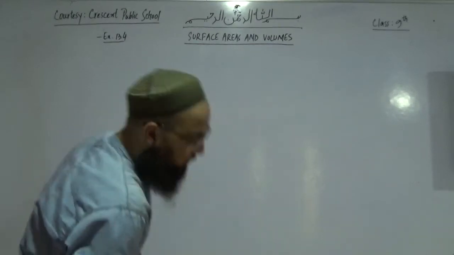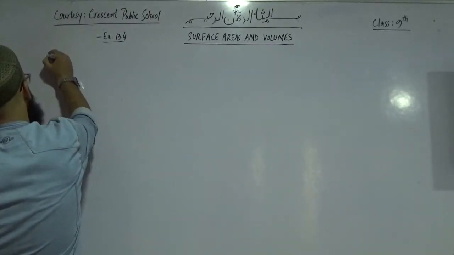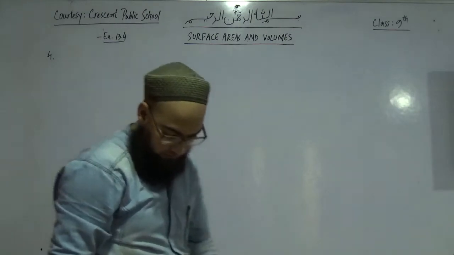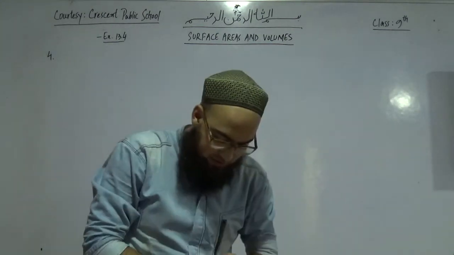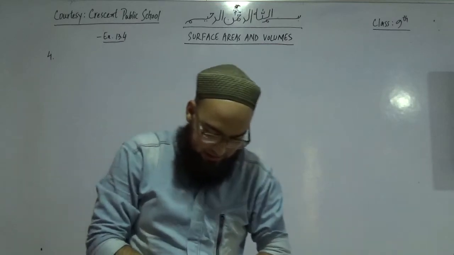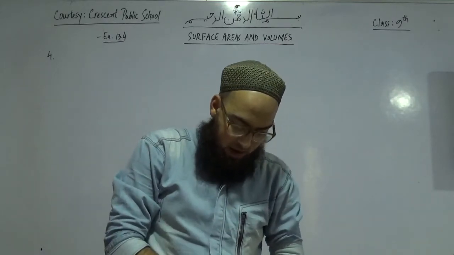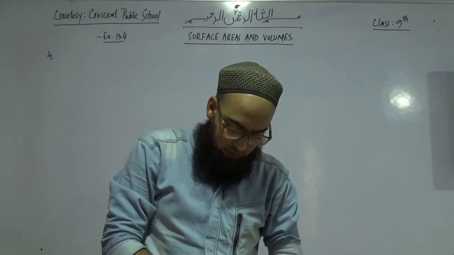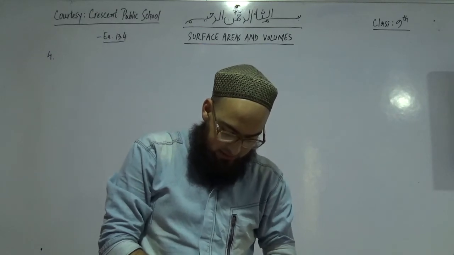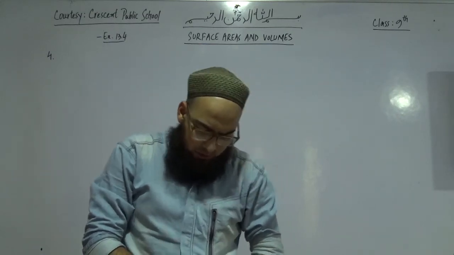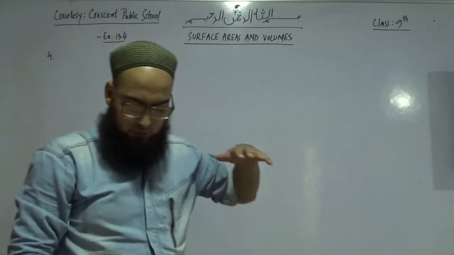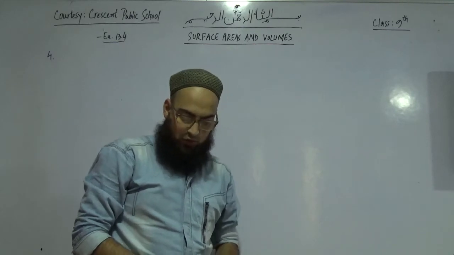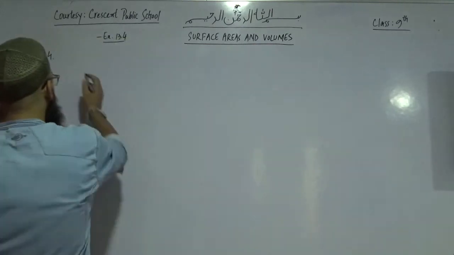Now question number 4. The radius of a spherical balloon increases from 7 cm to 14 cm as air is being pumped into it. Find the ratio of surface area of the balloon in two cases. So you have a spherical balloon.